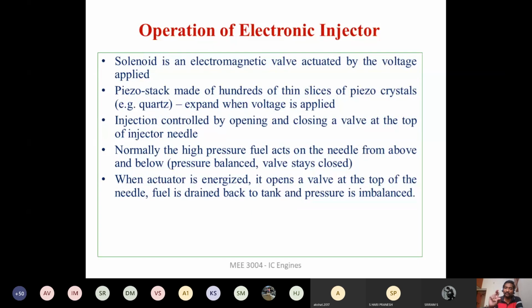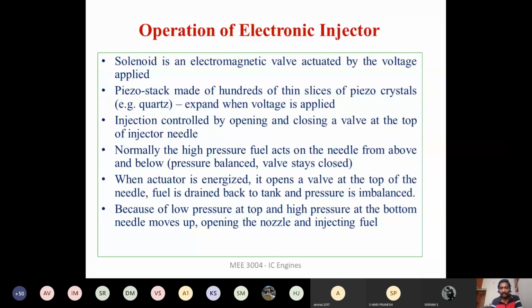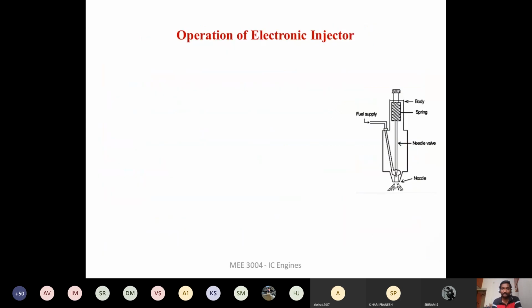To make this needle valve move up and down, we have an actuator mechanism that can be either a solenoid or a piezoelectric effect. Due to the action of the needle valve, the fuel is injected through the orifice. When power supply to the actuating mechanism, either the solenoid valve or the piezoelectric crystals, is cut, the fuel supply through the orifice is stopped.